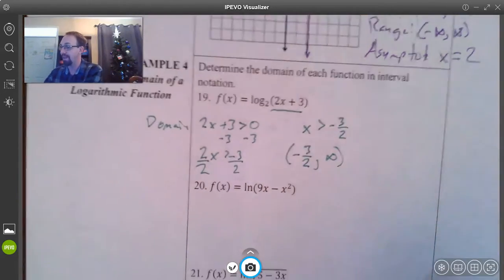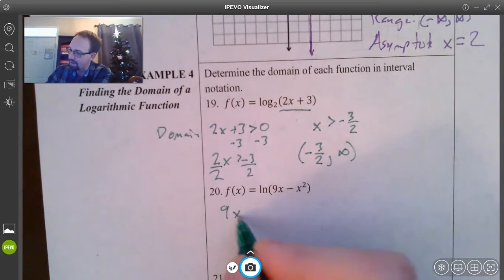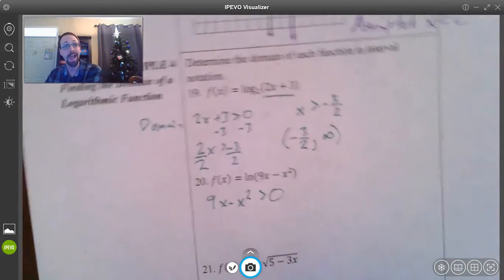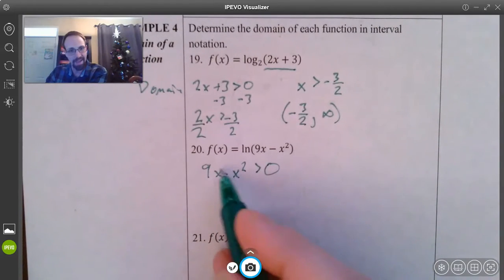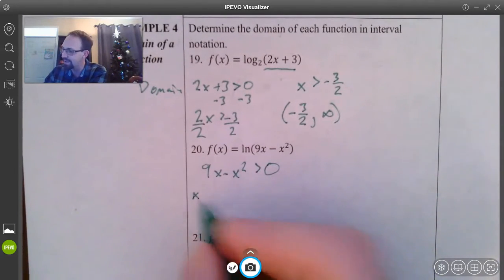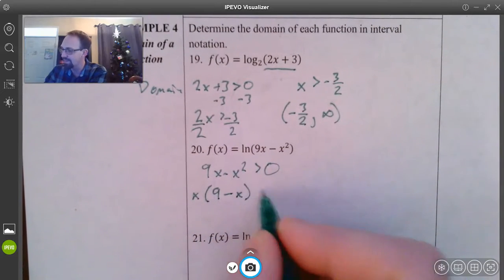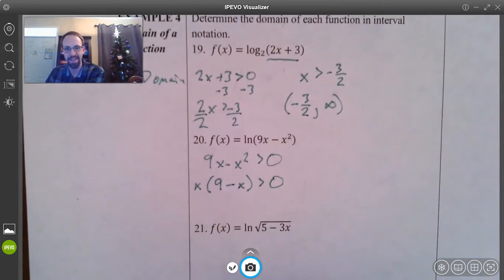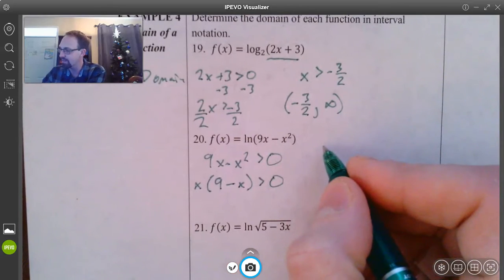This one, I like this one. Domain. So again, we set 9x minus x squared greater than 0. Here you can factor out an x, and you get x times 9 minus x greater than 0.